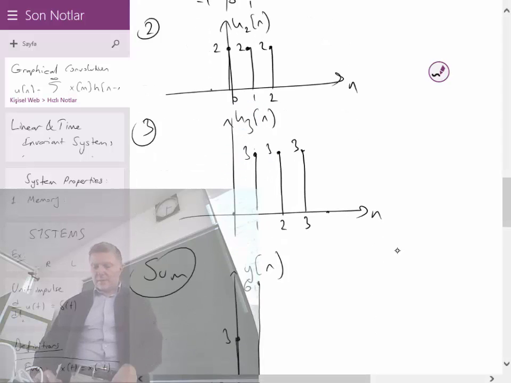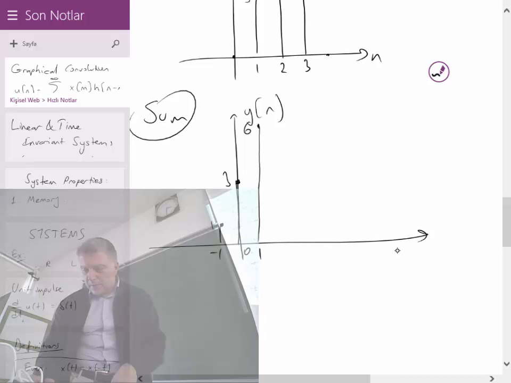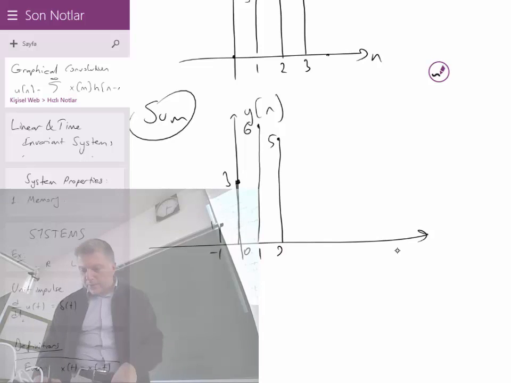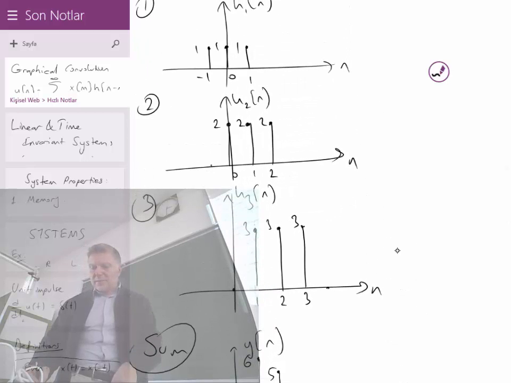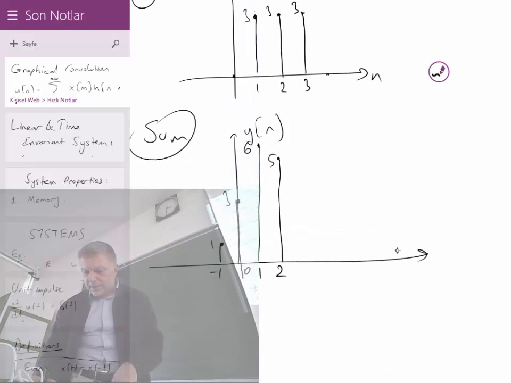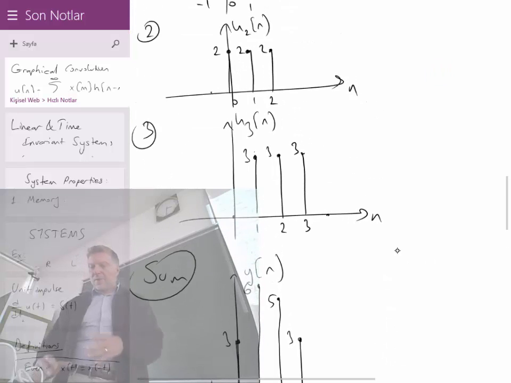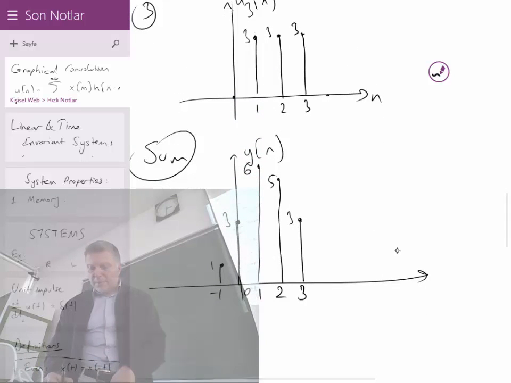It's 5 at 2. And at 3, there's only 1 term, the others are 0, so it is 3 plus 0 plus 0. It's a 3. After 4, of course, there's nothing. Just like before -1 there was nothing, and after 4 there is nothing.